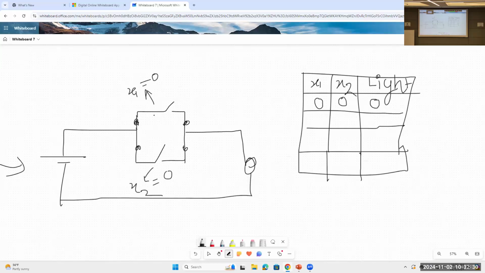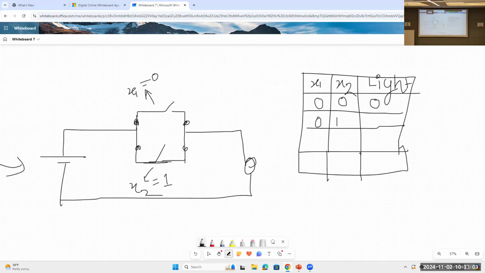Okay. Now let's move to the next combination where x1 is equal to 0 and x2 is equal to 1. So here, let's connect x2, because in this case x2 is equal to 1. We're just testing all the combinations of x1 and x2 like this and putting them into the table. Now in this case, will the light glow?